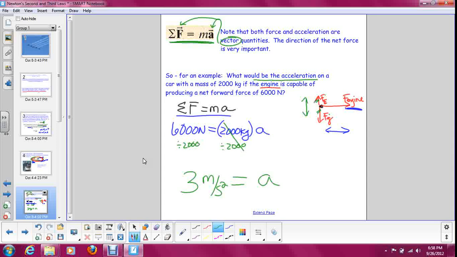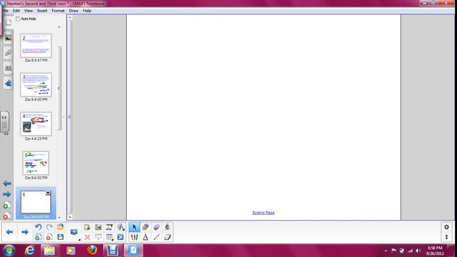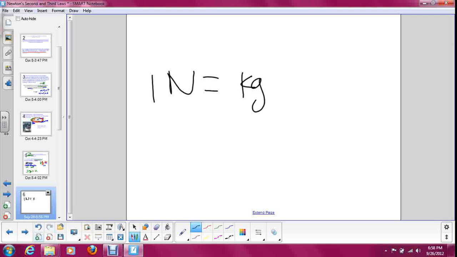In the first video about forces, I told you that 1 Newton, which is what we measure force in, is equal to a kilogram times a meter per second squared. Hopefully now this makes a little more sense to you, because we measure force in newtons.